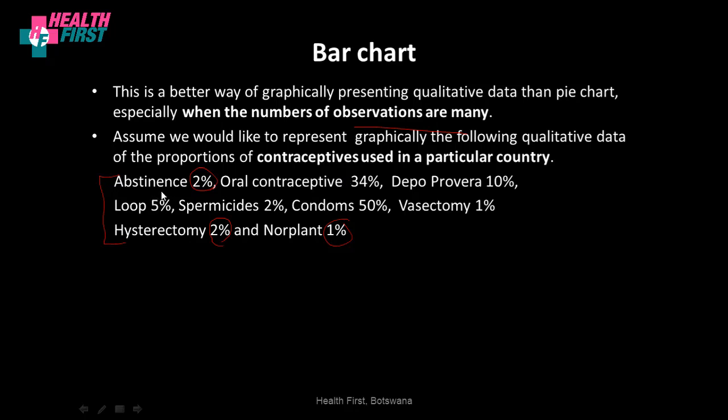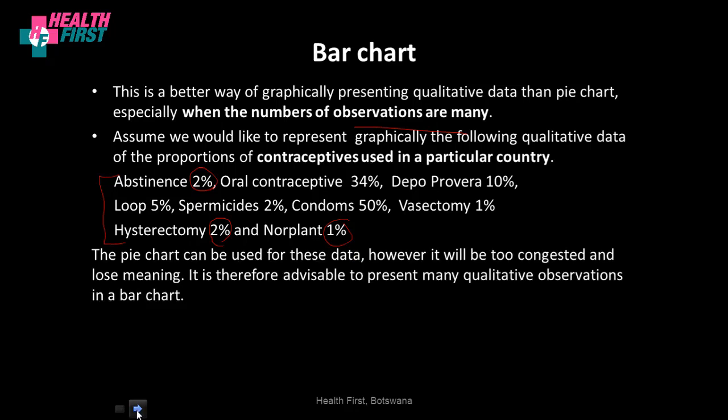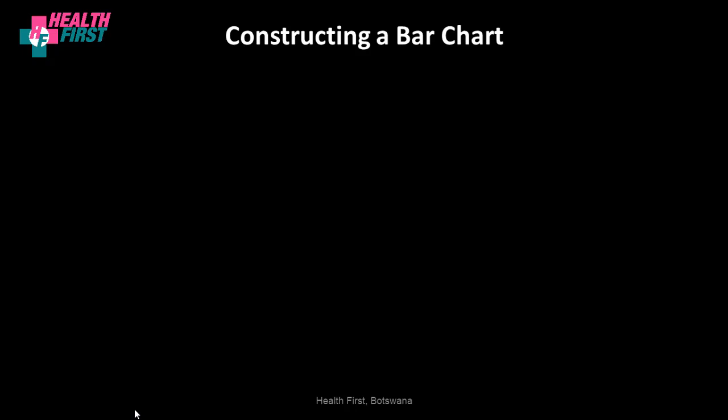You can see the number of observations here: 1, 2, 3, 4, 5, 6, 7, 8, 9. A pie chart can be used for this data, however, it will be too congested and lose meaning. It is therefore advisable to present many qualitative observations in a bar chart.